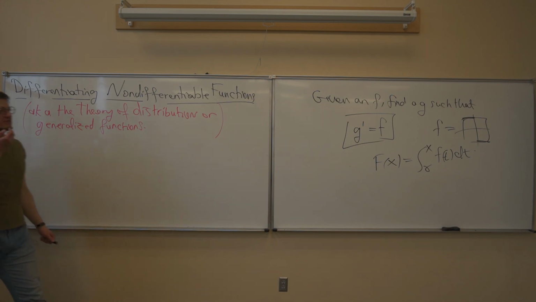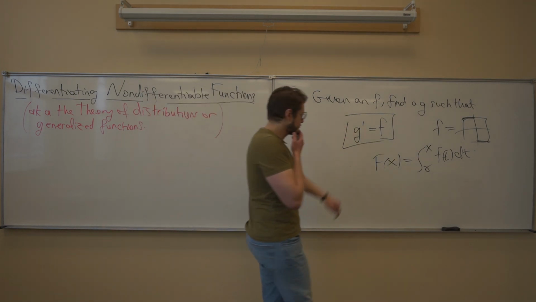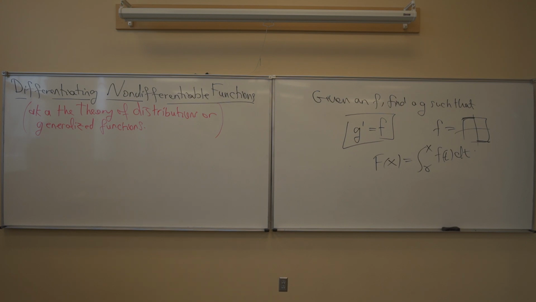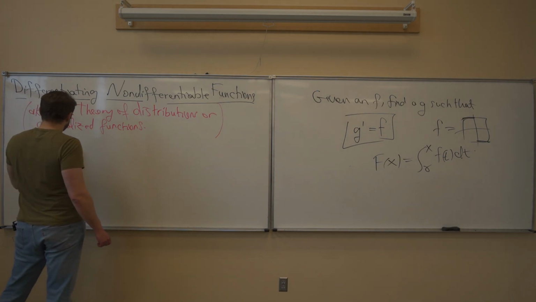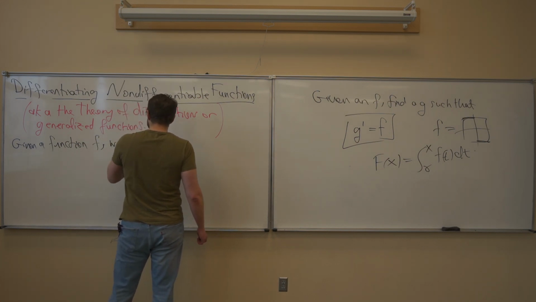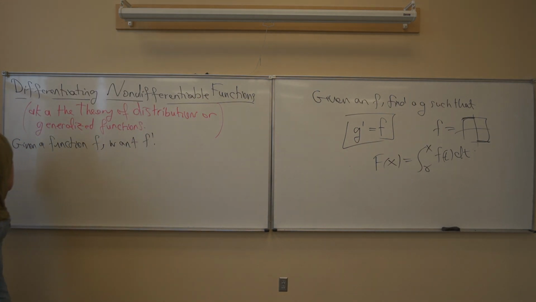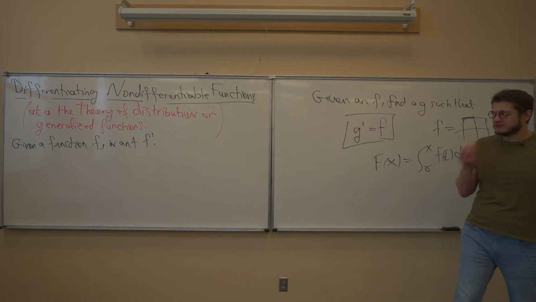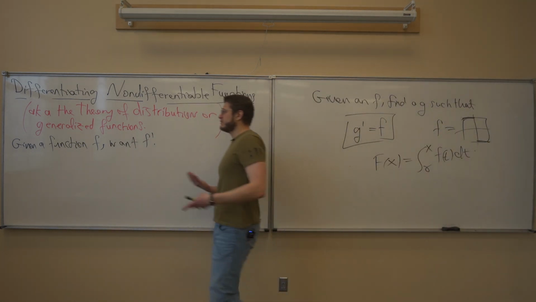So let's say that I have a function f. This was the background. Let's say that I have a function f that I'm trying to differentiate. I want to come up with f prime. Of course, the standard method is to look at the limit that defines the derivative at any point, and you vary the base point, and that gives you the f prime if possible.